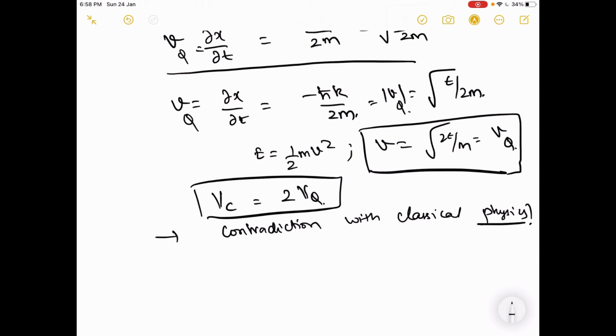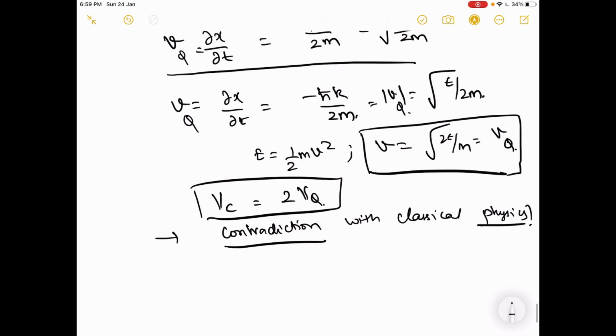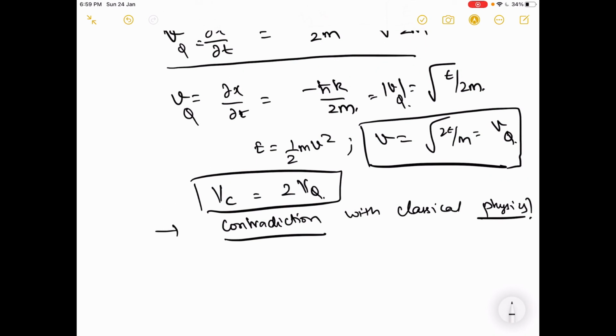Because velocity is an observable. Previously we had other things which were not observables and were contradictions, and that's fine, but you cannot have a contradiction in an observable, because classical physics has been proven to be true time and again. So we have to actually explain why the velocity of a free particle, that is the plane waves that we have considered here, is twice smaller than the classical particle.